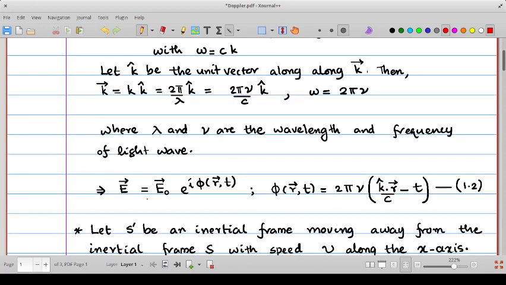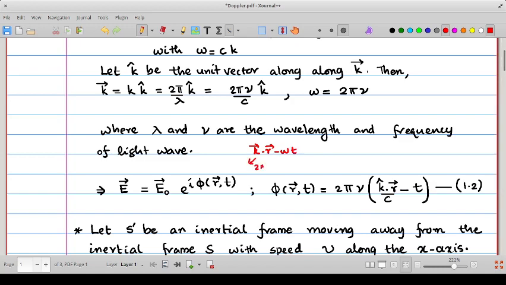Now the electromagnetic field vector can be written in the following way: E equal to E0 times exponential i phi(r, t), where phi(r, t) is the phase factor of this wave, which we have found to be equal to k dot r minus omega t.